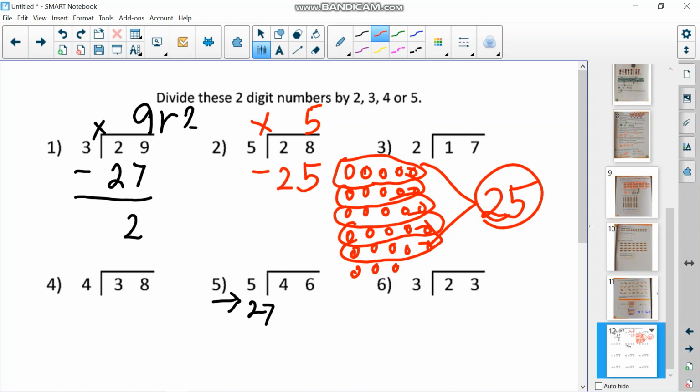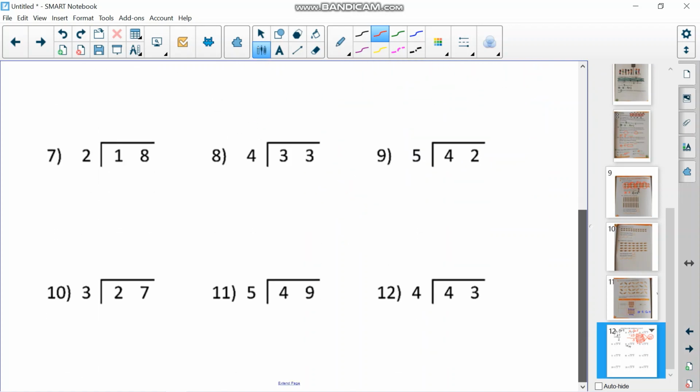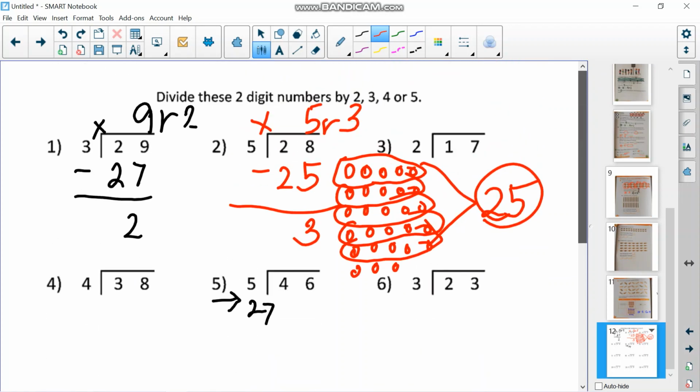Next step is subtraction. 28 minus 25 is 8 minus 5 is 3. So we have remainder 3. 5, remainder 3. So please do number 3 up to number 12.